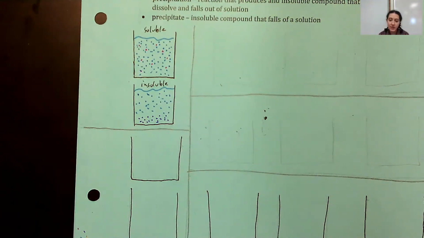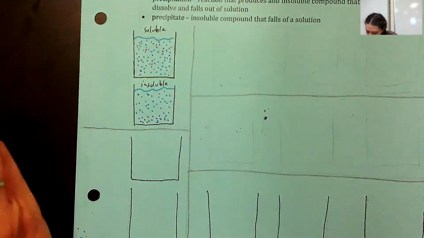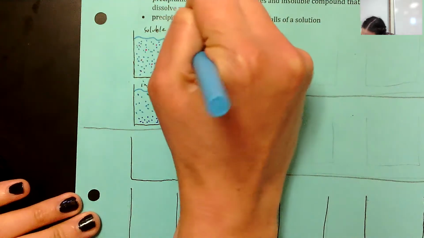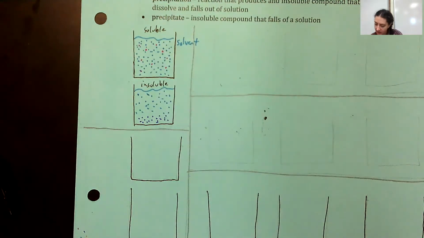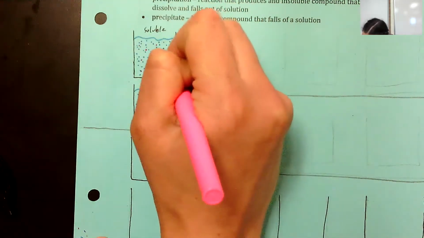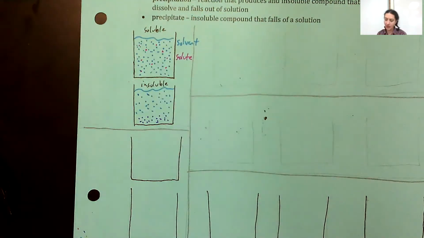A couple other vocab words to keep in mind. In this case, the water is the solvent, and the little pink dots, whatever they are, are the solute. So the solute is the thing that is dissolved in the solvent.